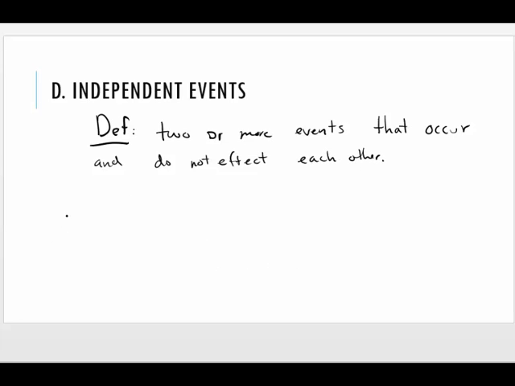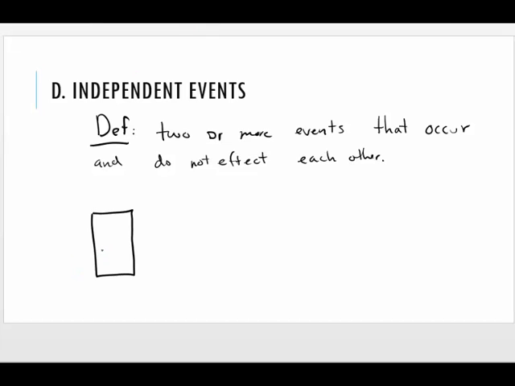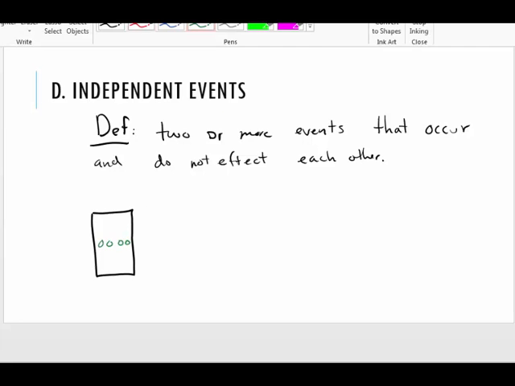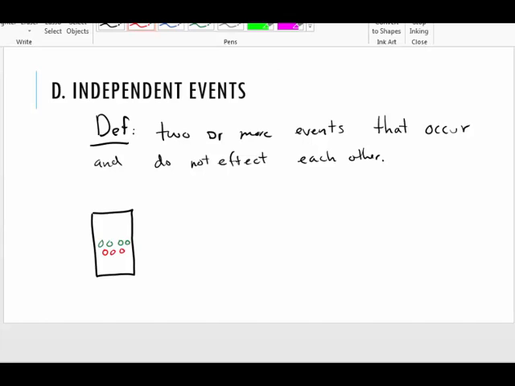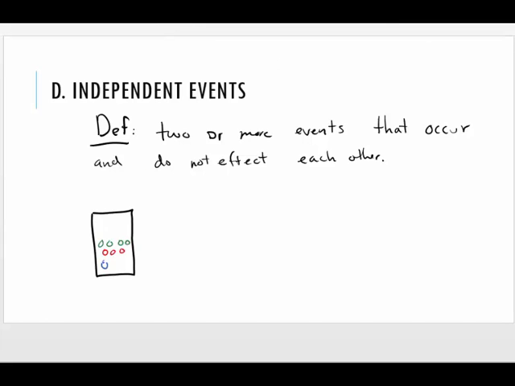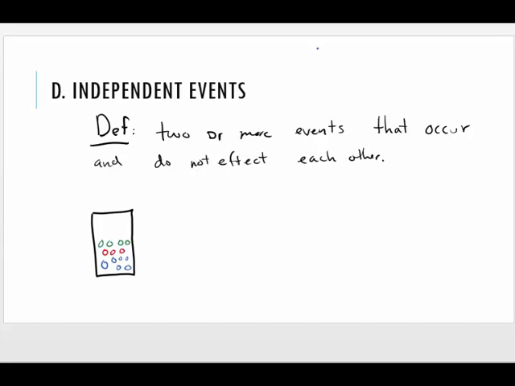Okay, so actually I'm going to create an example here. Suppose I had a bag of jelly beans again. So we have green jelly beans, 1, 2, 3, 4. We have red jelly beans, 1, 2, 3. And then we have blue jelly beans, 1, 2, 3, 4, 5, 6. Yeah, white jelly beans. That'll turn out great.